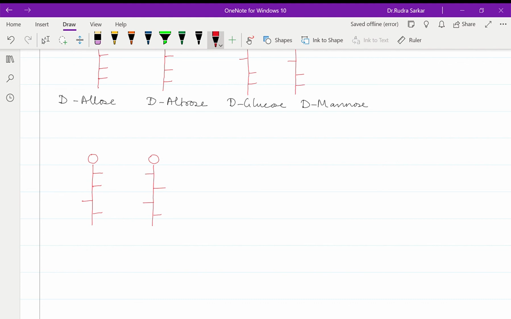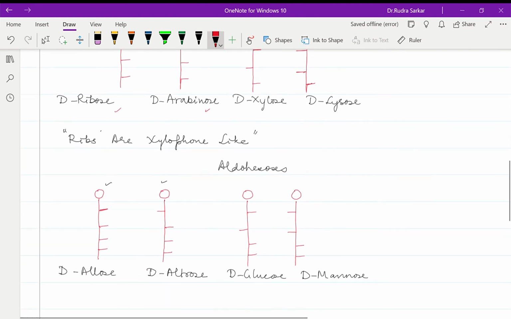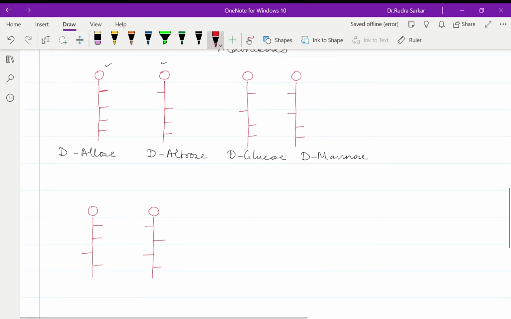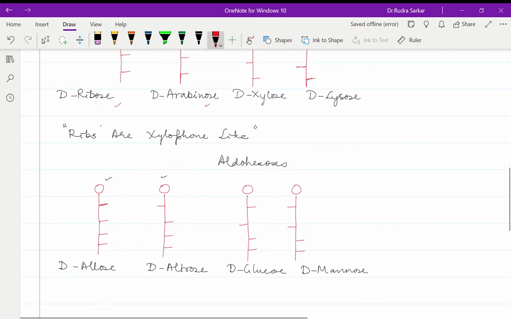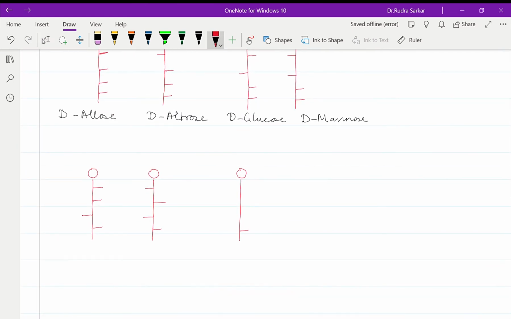Place on the left hand side. Okay, and the last one is lyxose. So we will get again two more such hexoses from the lyxose unit. What was lyxose? Yeah, like this. So it is that one, and the next OH group will be on the right hand side, like that, like that.